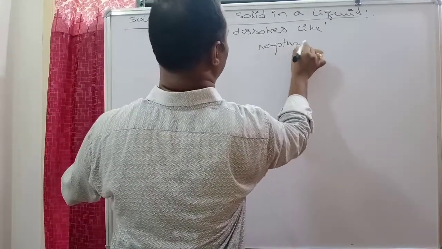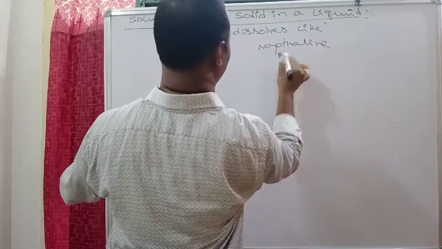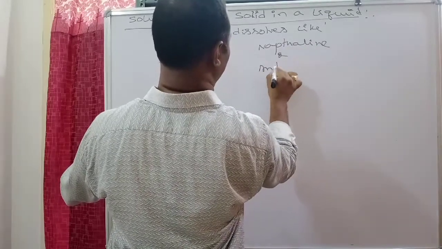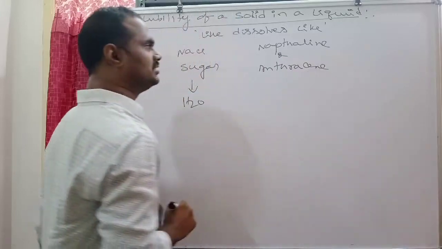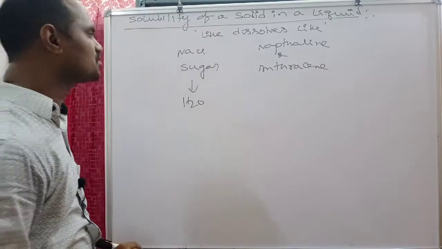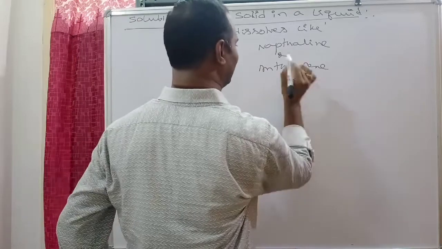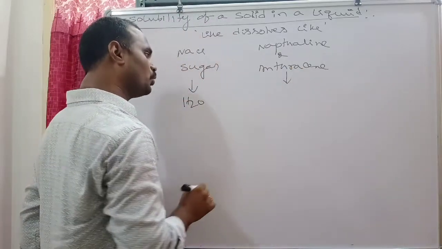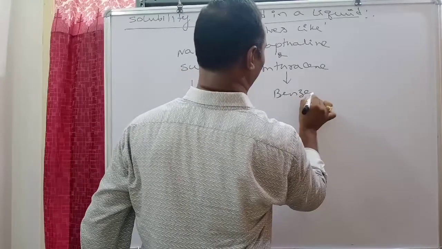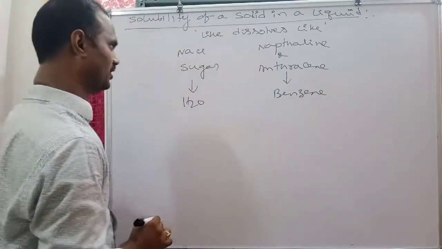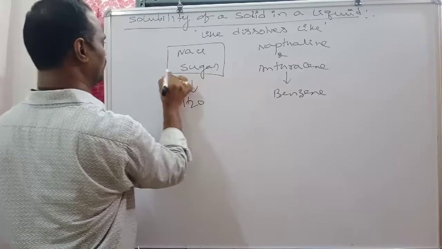Naphthalene and anthracene are non-polar solutes generally dissolved in non-polar solvent like benzene.